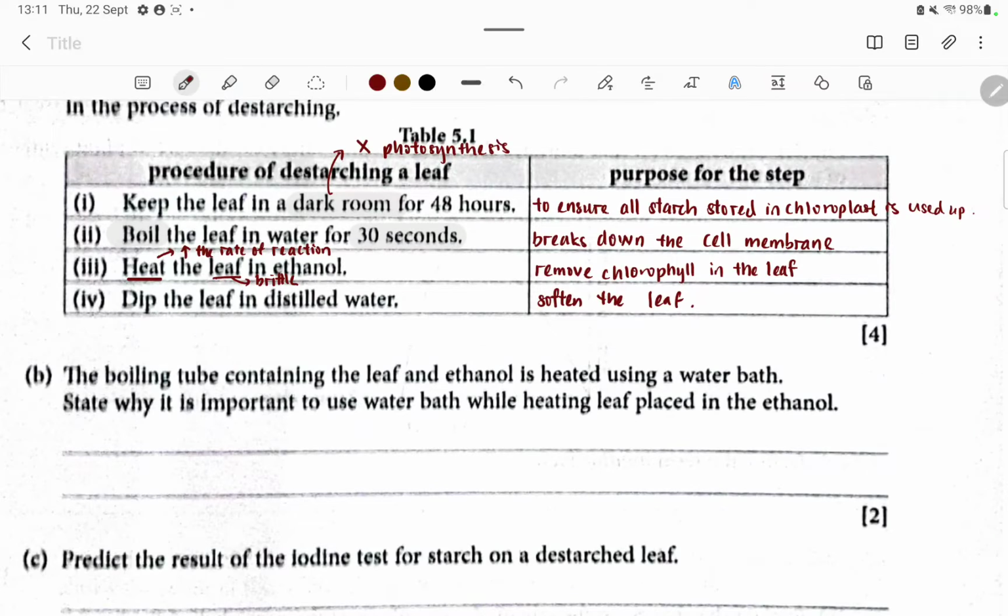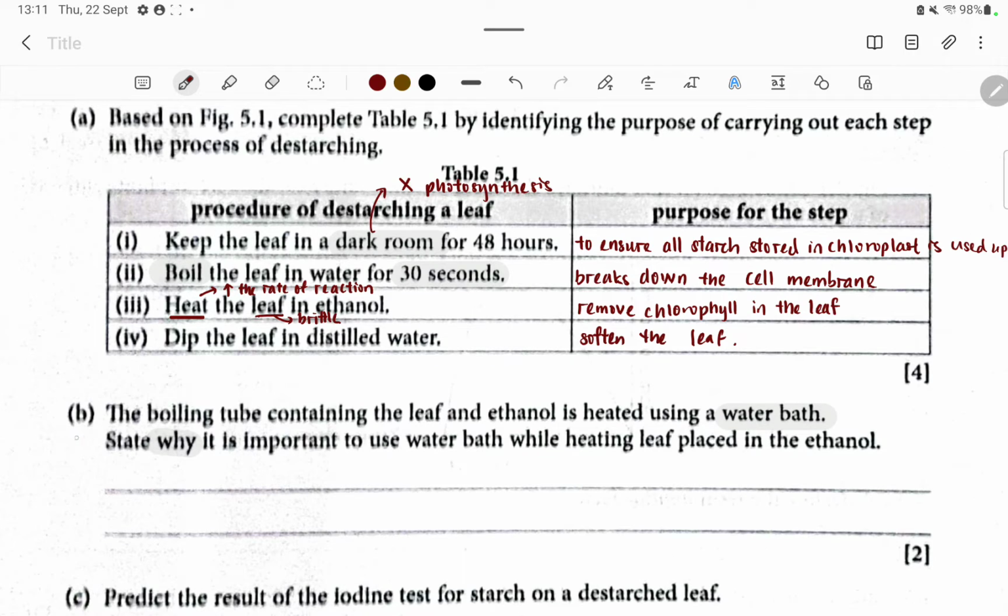The boiling tube containing the leaf and ethanol is heated using a water bath. State why it is important to use a water bath. Okay, they ask why. This one is because ethanol is extremely flammable.